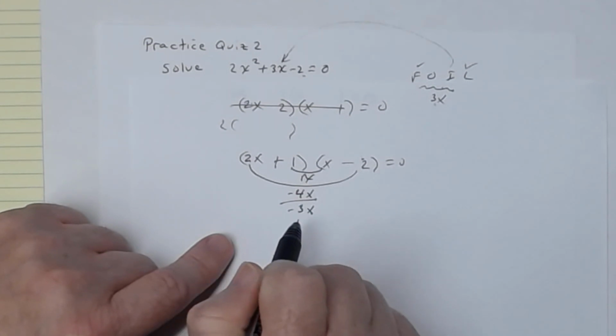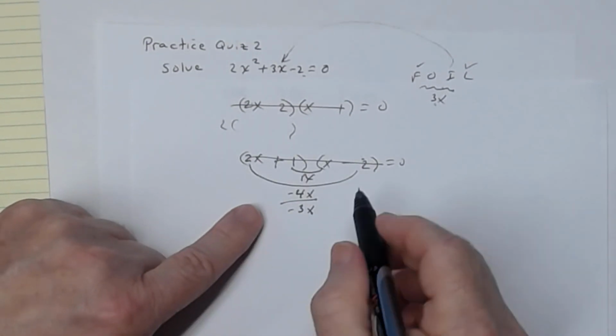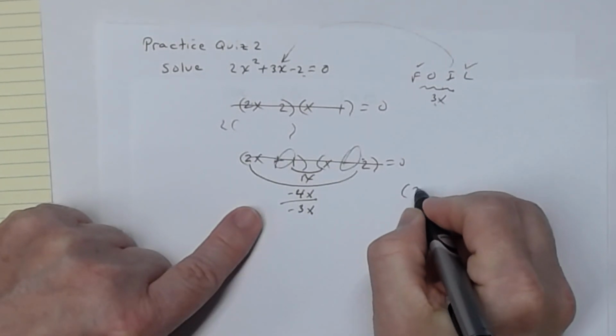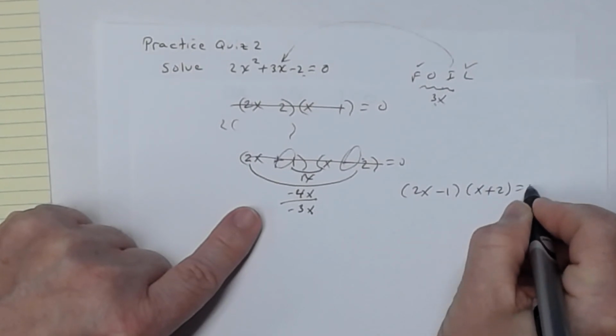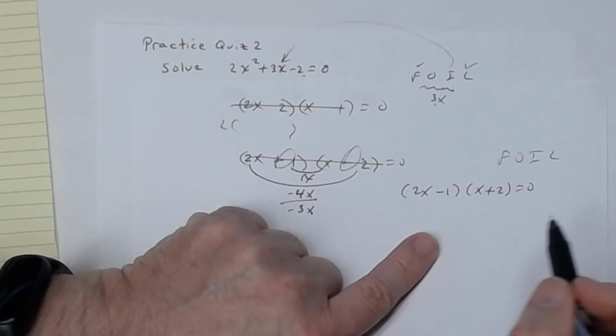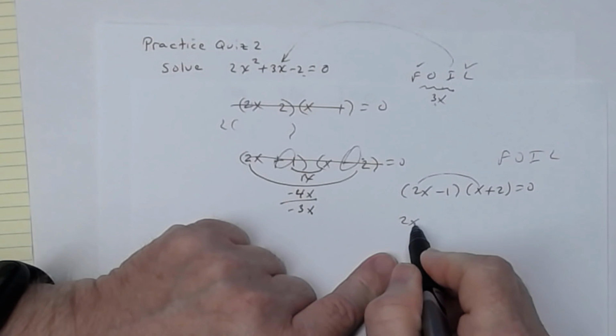Well, that's easy because those are opposites. So all I need to do is change these signs. Then I'll get 2x minus 1 times x plus 2 equals 0. If you check it using FOIL, you'll see 2x times x is 2x squared.